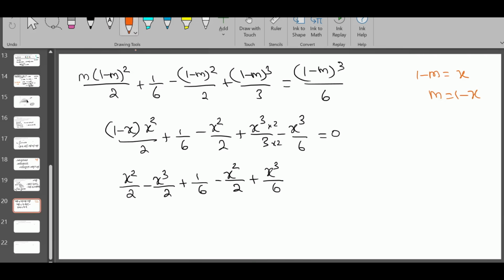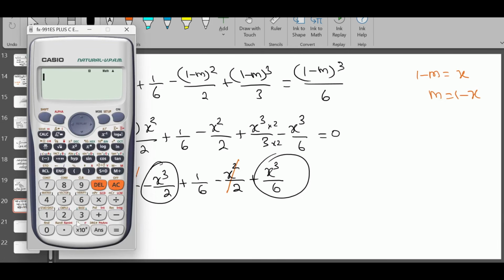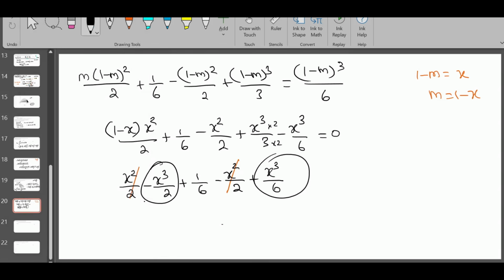Okay, and you can cancel these two, and when you simplify these two, they are like terms, so you're going to get minus 1 over 2 plus 1 over 6. It's minus 1 over 3, so minus x cube over 3 plus 1 over 6 is 0. So x cube over 3 is 1 over 6.